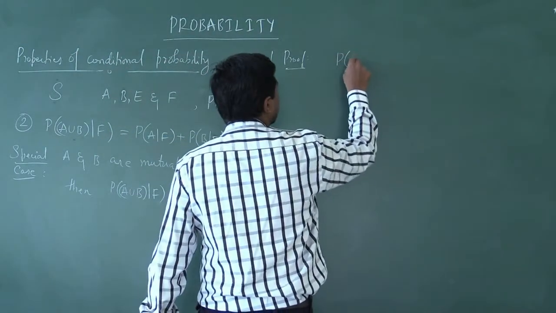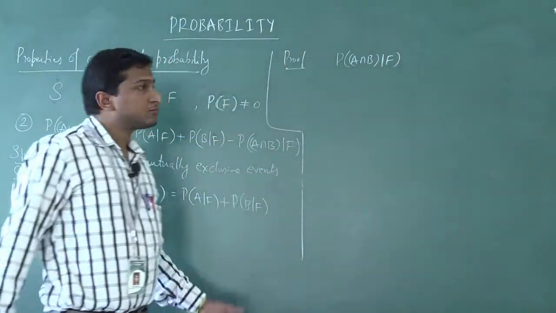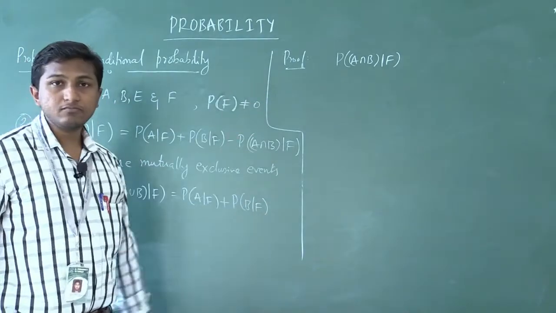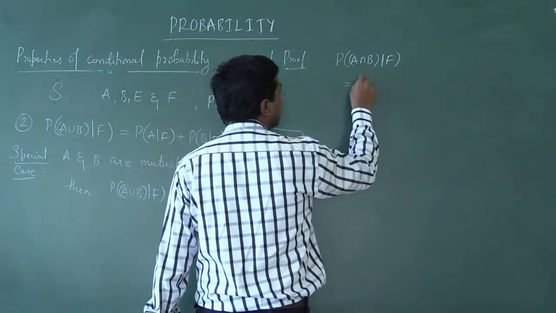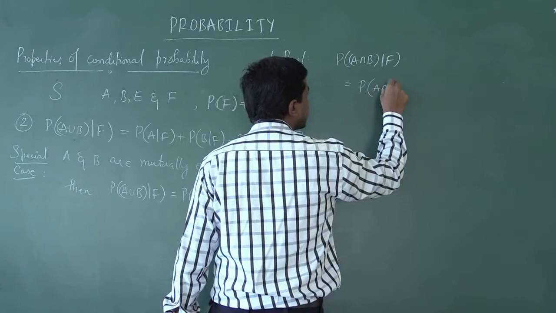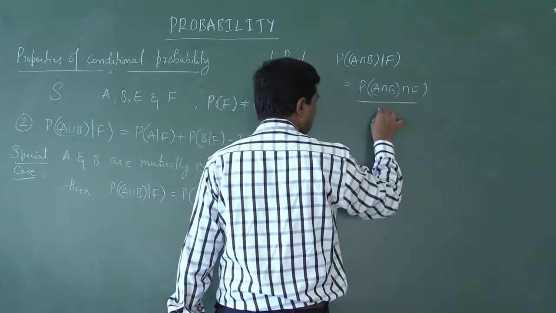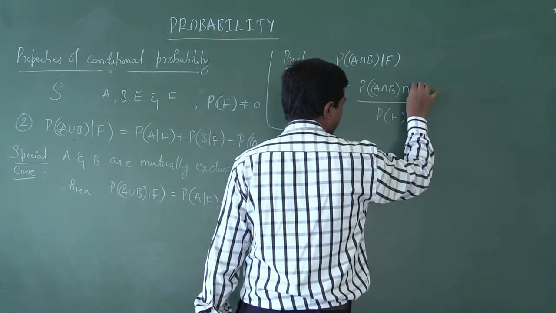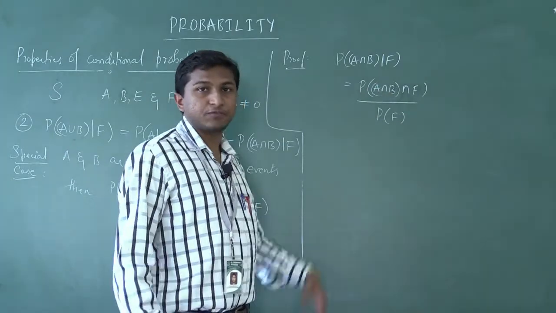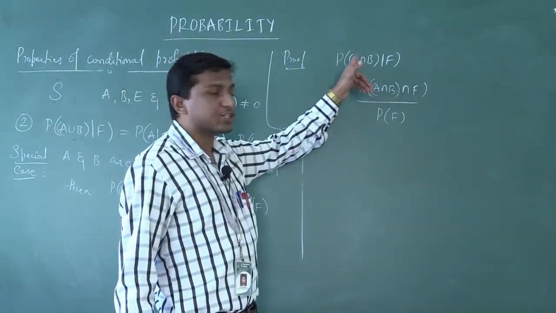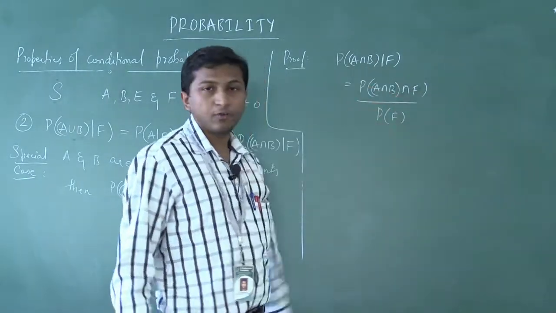We'll consider this P of A intersection B bar F. By definition of conditional probability, it is nothing but P of A intersection B intersection F whole divided by P of F. This follows from the definition of conditional probability.